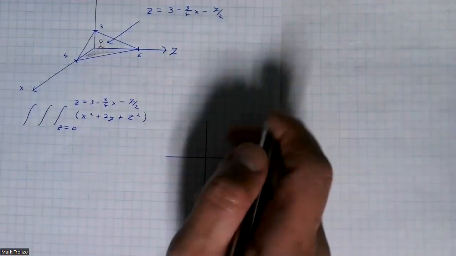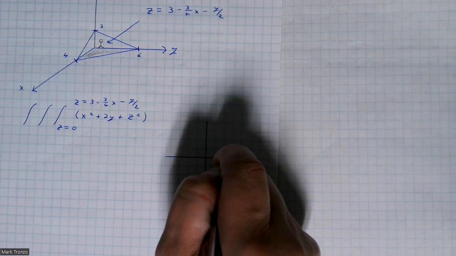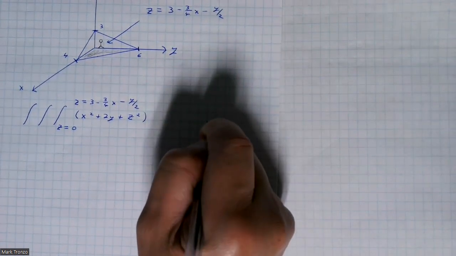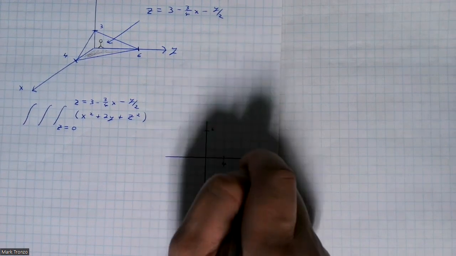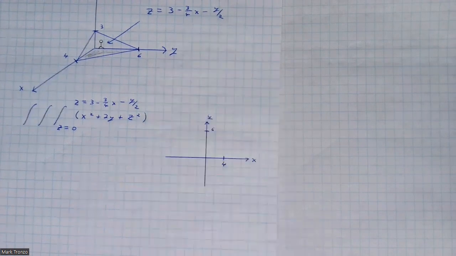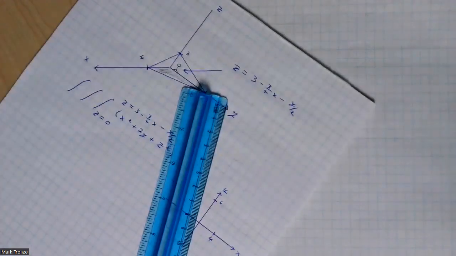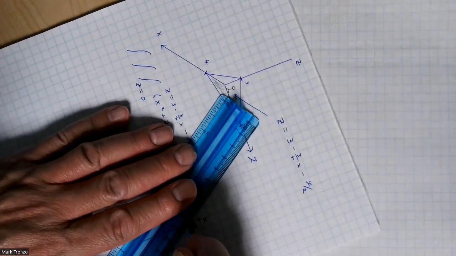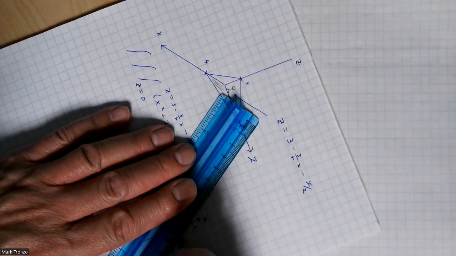And so over here it shows x at 4, y is at 6. Yeah, something like that.